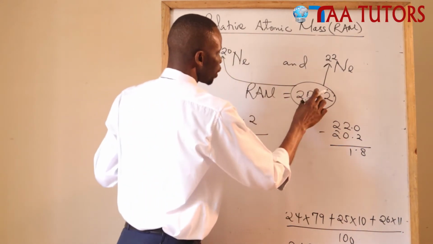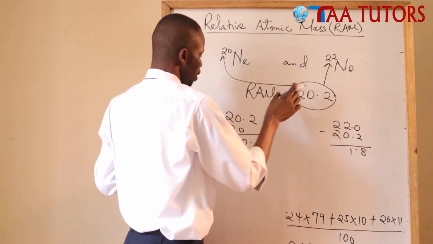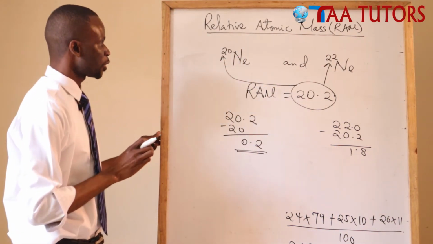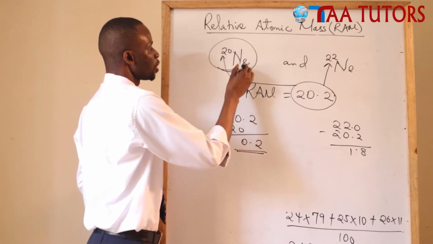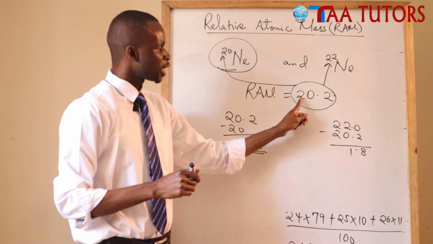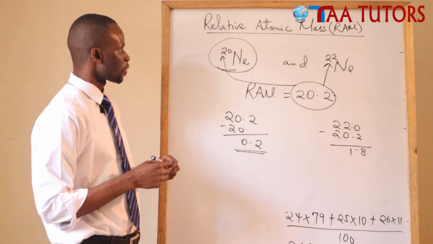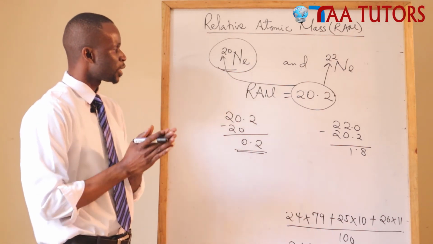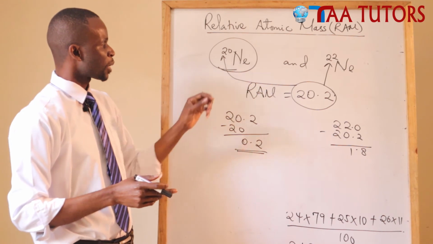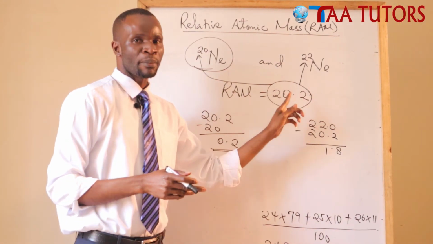So the difference between the relative atomic mass and this number here is bigger compared to this one. So the most abundant isotope in this particular case is neon 20, because its mass number is closer to the relative atomic mass. So if you are asked in examination which one is the most abundant isotope, you say neon 20 is the most abundant because its mass number is closer to the relative atomic mass.